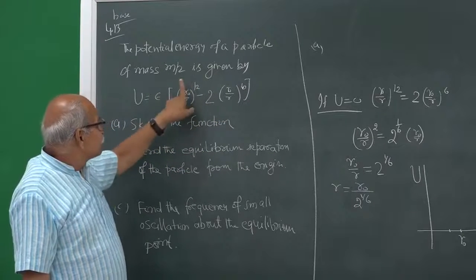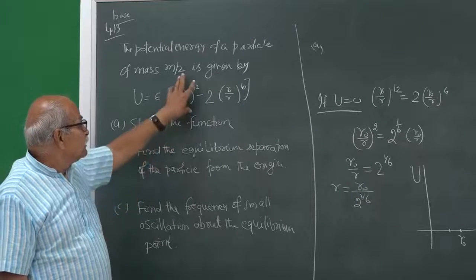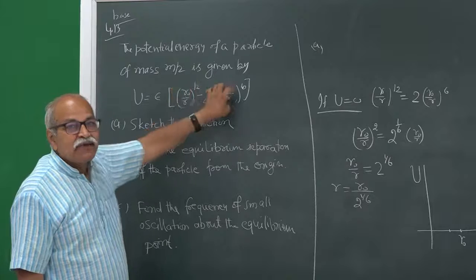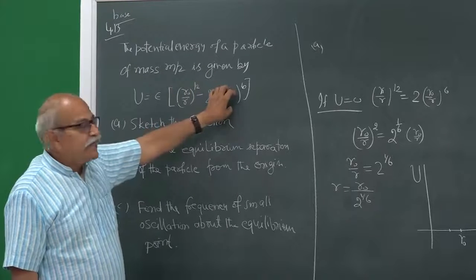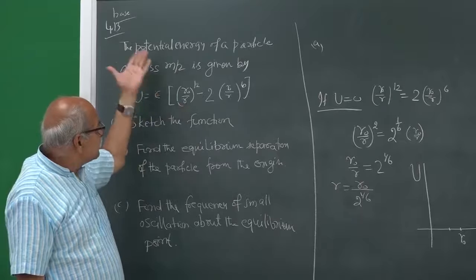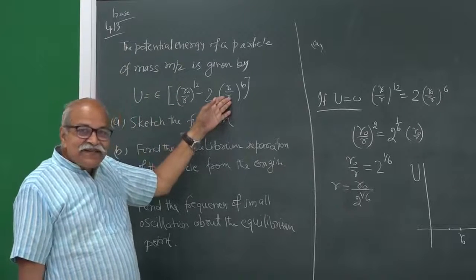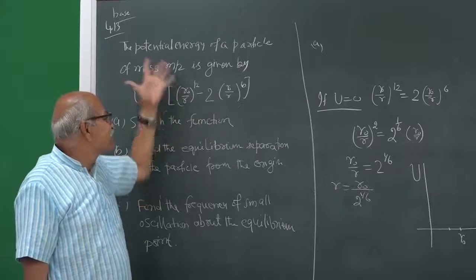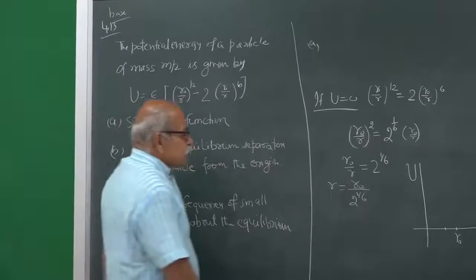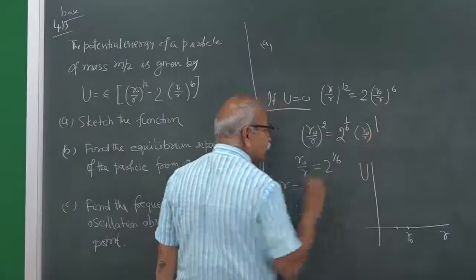That means for very small r, the first term dominates, so the whole quantity is positive and going to infinity. So, for very small r, the curve is coming from here.